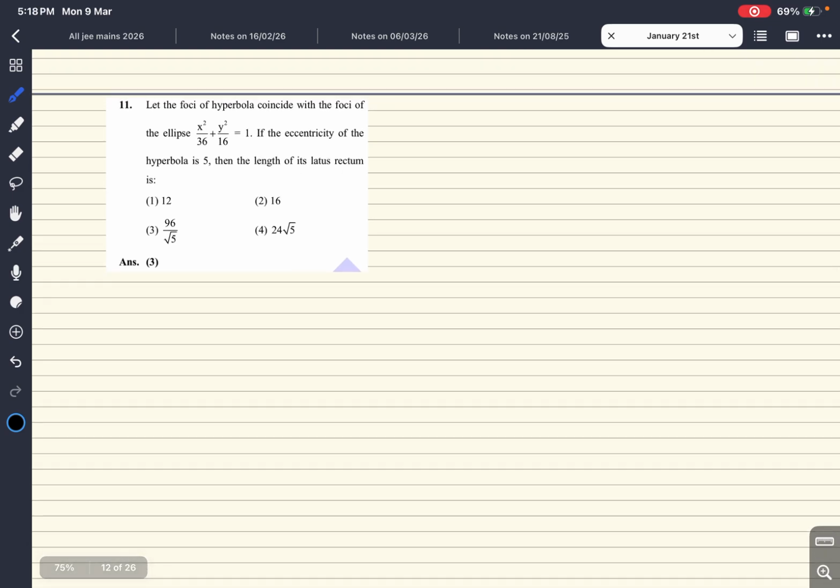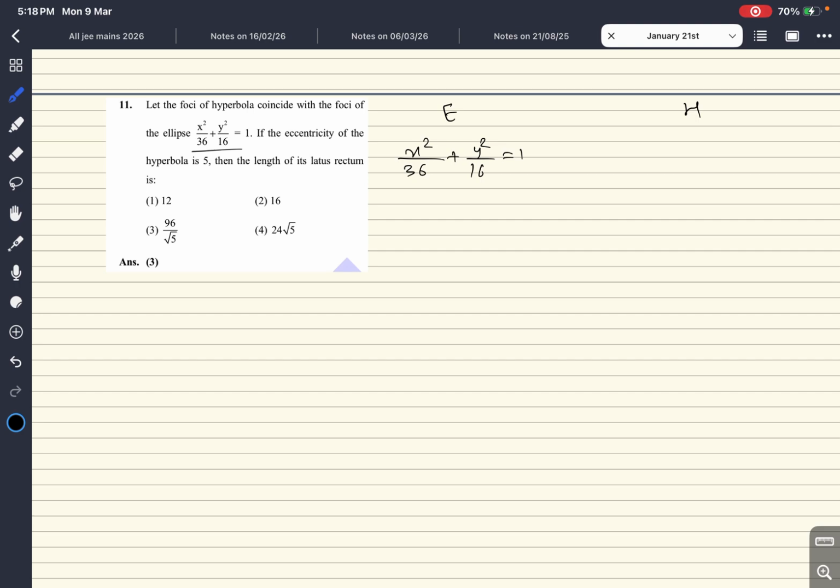Let the foci of the hyperbola coincide with the foci of the ellipse. The ellipse equation is given: x square by 36 plus y square by 16 is equal to 1. If the eccentricity of the hyperbola is given 5, then the length of its latus rectum. Okay, how will we solve this? Let us take the ellipse on this side and the hyperbola on this side. So for the ellipse, what we are given: x square by 36 plus y square by 16 is equal to 1. The equation is given. The foci of the hyperbola coincide with the foci of the ellipse.